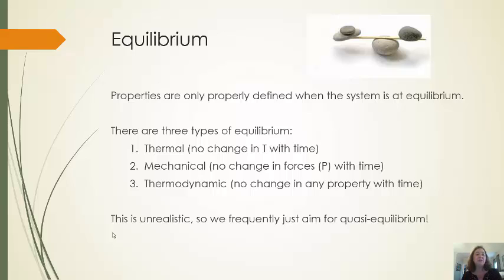And then we have thermodynamic equilibrium, which has no change in any of the properties over time. In reality, we don't ever have equilibrium, so we're going to aim for quasi-equilibrium. It doesn't change over the amount of time that we observe it, and we're going to call that being at equilibrium.